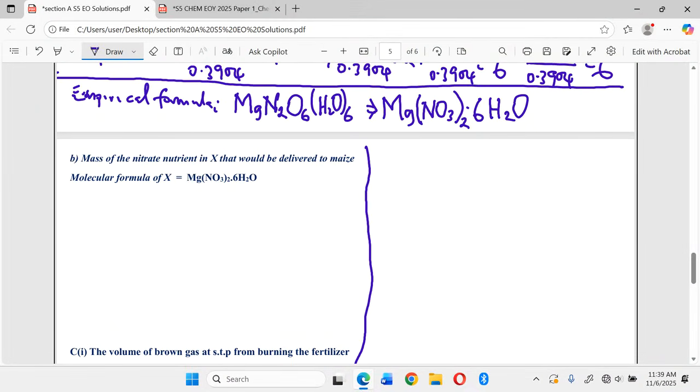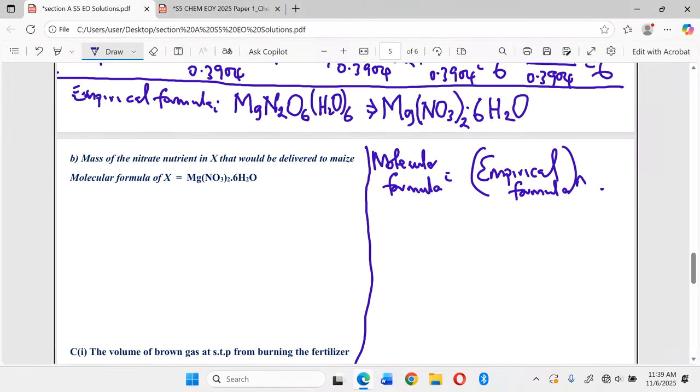So we know that the molecular formula is equal to the empirical formula times N. And we say that this N is equal to the molar mass over empirical formula mass.